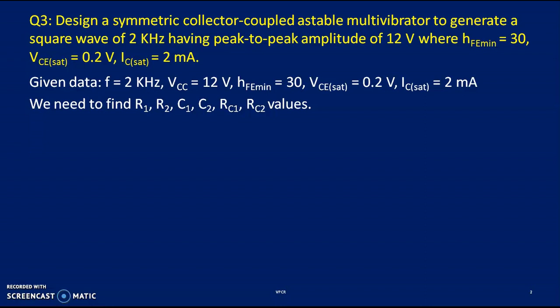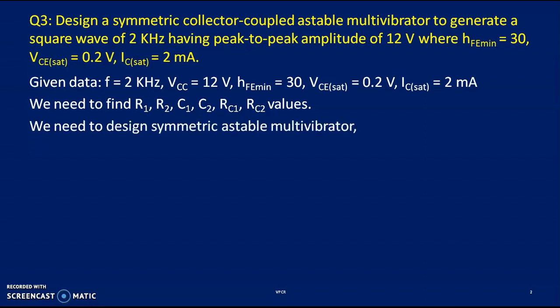Okay, so here given condition is we need to generate a 2 kHz output or square wave with 12 volts. Okay, so this is the requirement. So as per this requirement, we need to find out the circuit element values. That is what designing means.